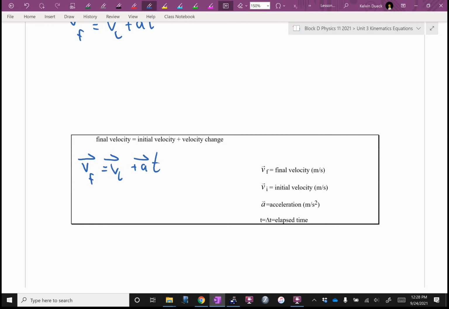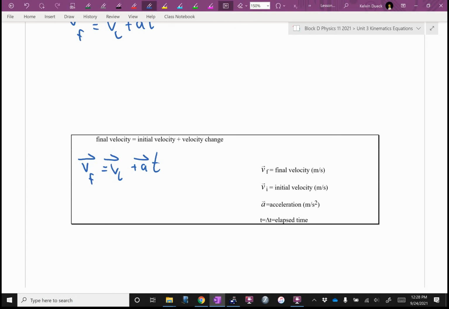How many variables does that contain? 4. VI, VF, A, and T. So technically, how many equations does it contain? 4. What I'm going to start to teach you today, and it's going to seem a little weird at first, but I encourage you to buy into it, is how to glance at that and rearrange it in your head to get any equation that you want.